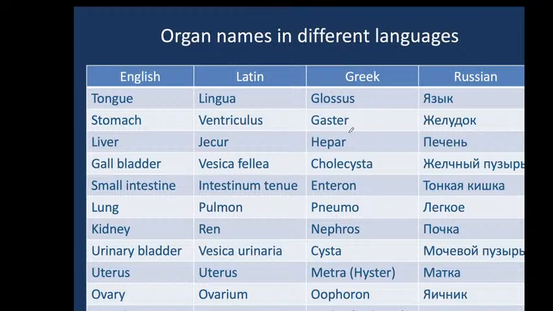And maybe you know the Latin name of the stomach is ventriculus. But when we talk about diseases of the ventriculus, we call it gastritis or gastrectomy. It means that we use Greek names.